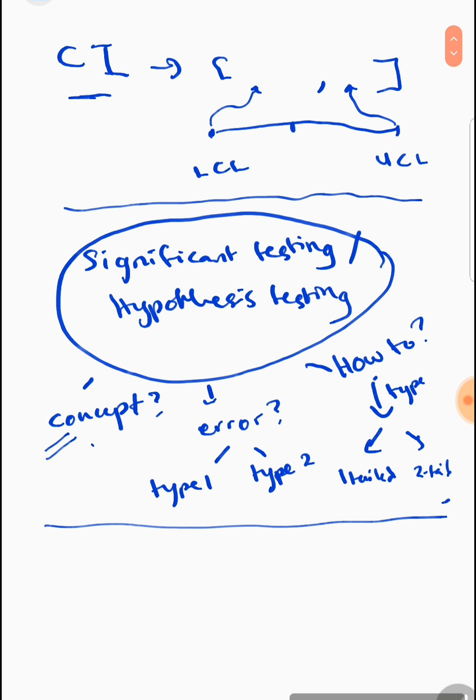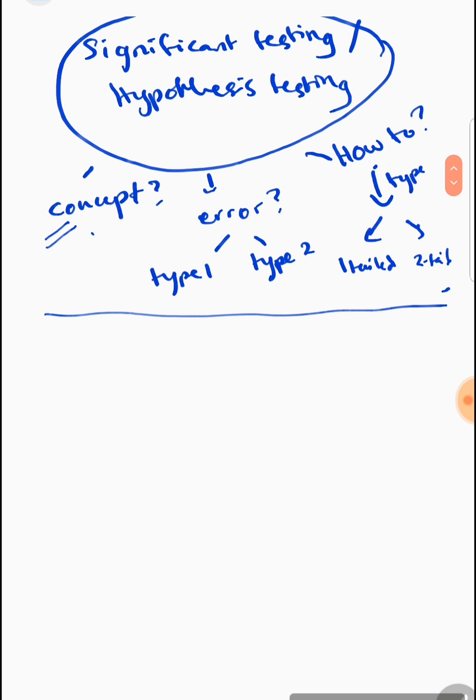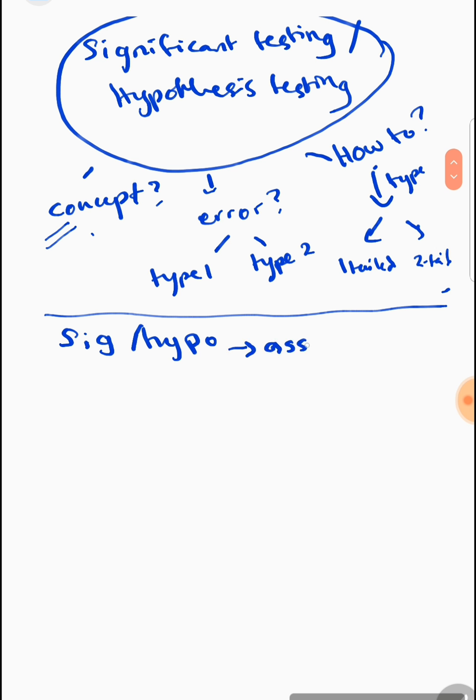Okay. So for the concept, right? We have seen how it is for confidence interval. So for significance testing, or what we call the hypothesis testing, okay? What happens is that we usually make an assumption, all right? We make an assumption, or in other words, we make a hypothesis.